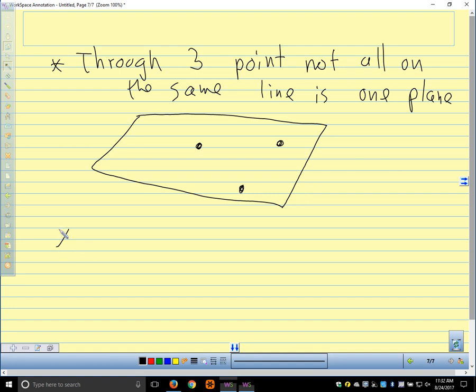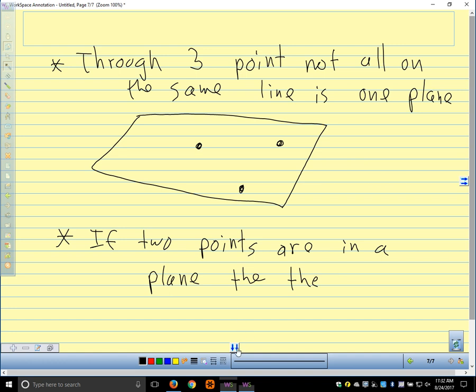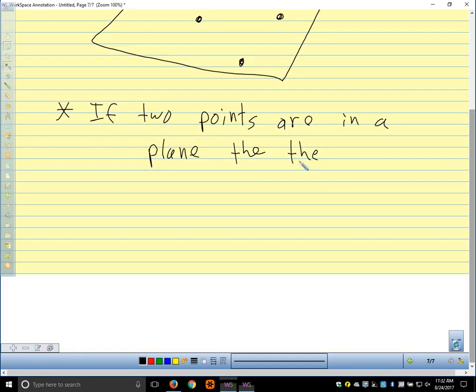And finally, our last postulate about intersections. If two points are in a plane, then the line through them, we know that two points make a line, is, so let me draw a picture here.